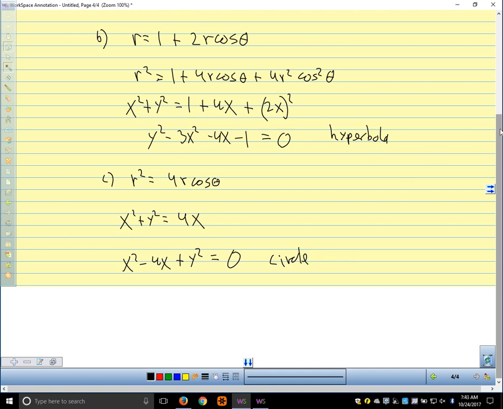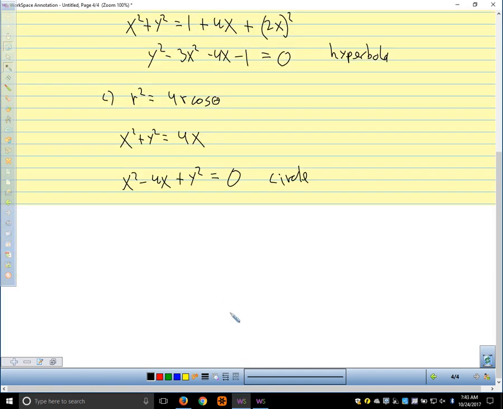And to see where its center is, we could complete the square on the x part. x squared minus 4x plus 4 plus y squared equals 4. So we get x minus 2 squared plus y squared equals 4. Centered at (2, 0), radius 2.